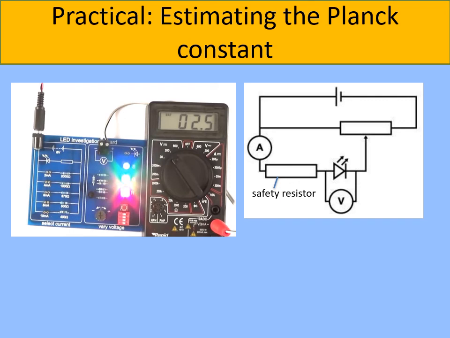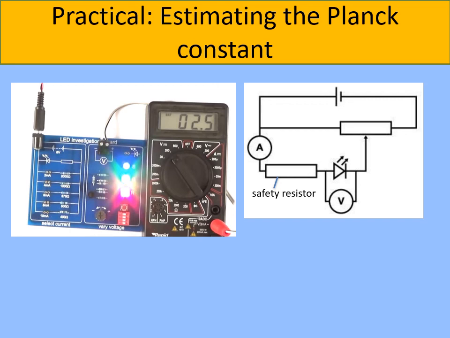You adjust the potential difference until each of the LEDs just lights up. As soon as they light up, you take a note of the voltage, and that gives you the threshold voltage. Then you find the wavelength, as I mentioned earlier, of the individual LED by measurements using a diffraction grating, or from the wavelength quoted by the manufacturer of the LED on the packaging.